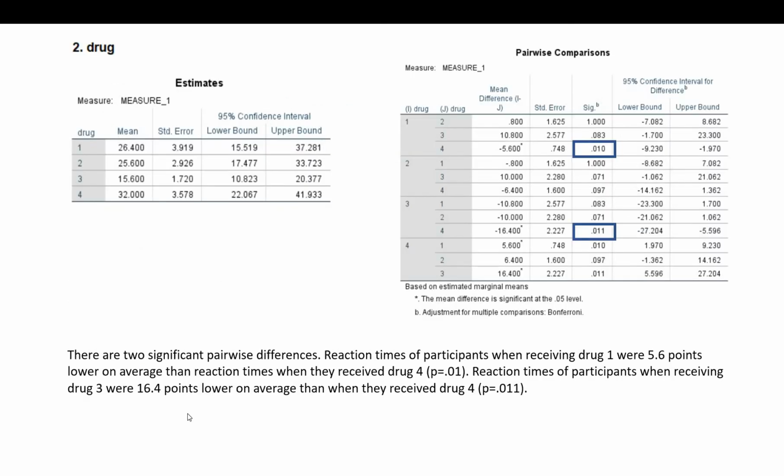Looking at the Bonferroni adjusted paired t-test, we see that there are 2 significant pairwise differences in reaction times. Basically, reaction times of participants when they were receiving drug 1 were 5.6 points lower on average than reaction times when they received drug 4. And then reaction times of participants when receiving drug 3 were 16.4 points lower on average than when they received drug 4.